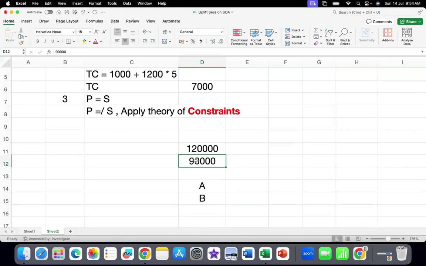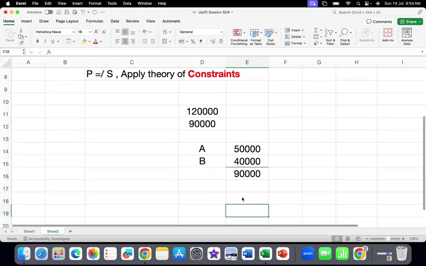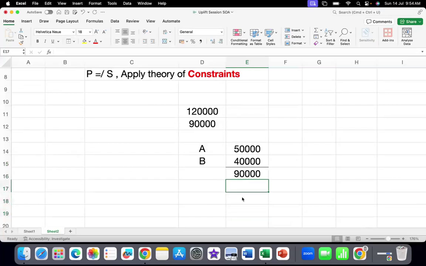So now, as a management consultant, you have to go to the management and tell them, look, I have made my calculations. You can produce 50,000 units of A and 40,000 units of B. And this becomes your 90,000 as the total capacity. So your factory is working at an optimum capacity now. There is still a deficit of 30,000 units, which, based on the current situation, you cannot meet.